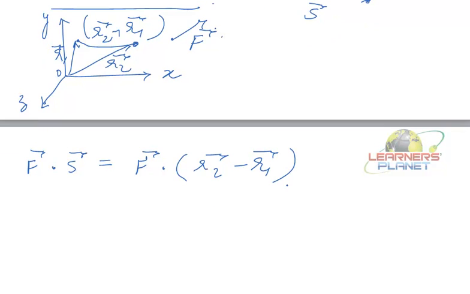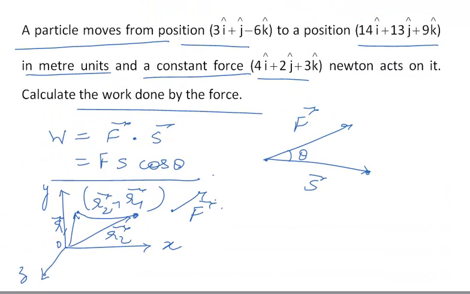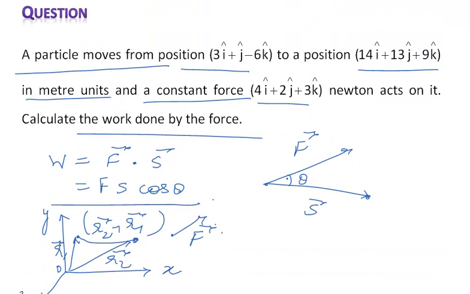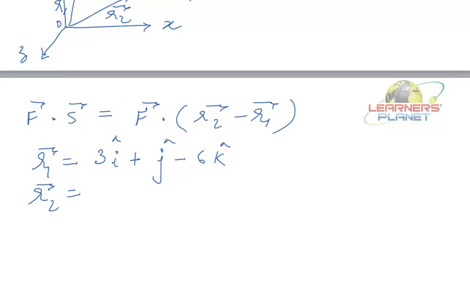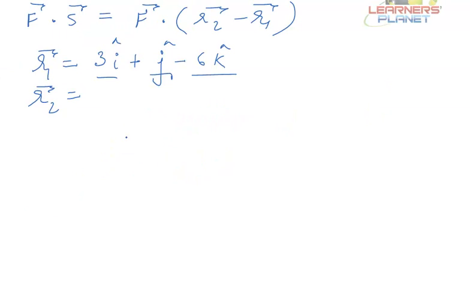Now let's write down what is R1 and what is R2. R1 is given by 3i cap + j cap − 6k cap. R2 is given by 14i cap + 13j cap + 9k cap.